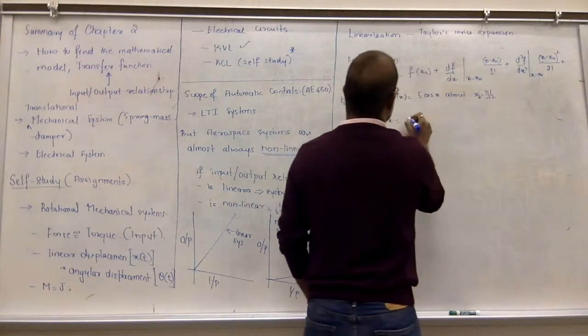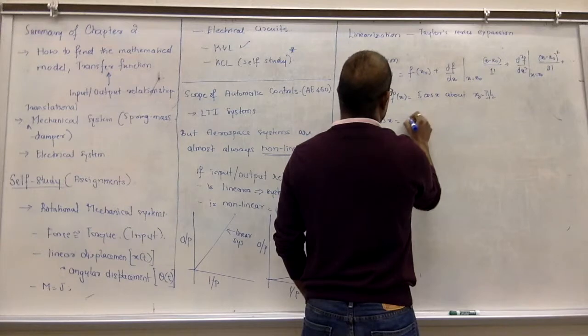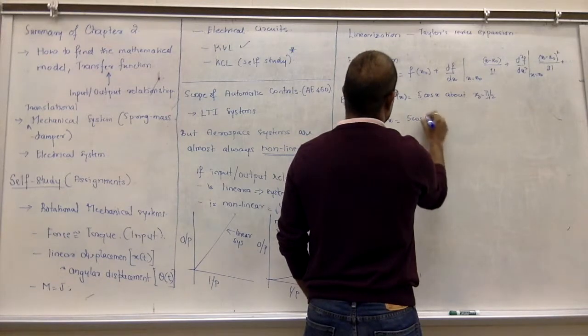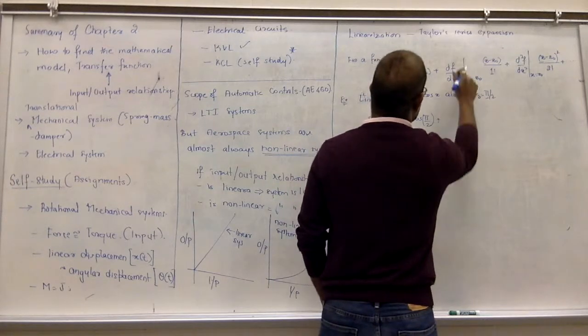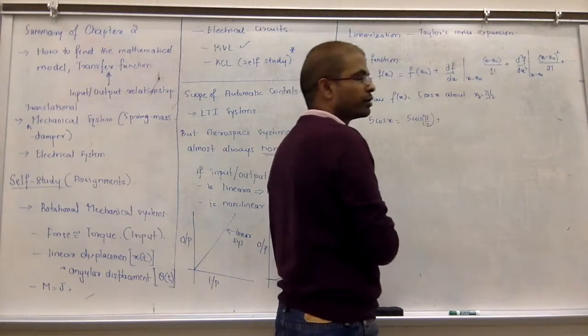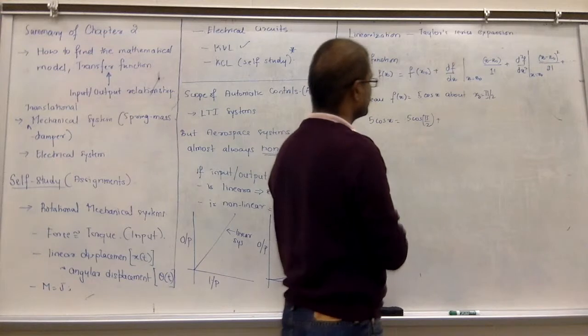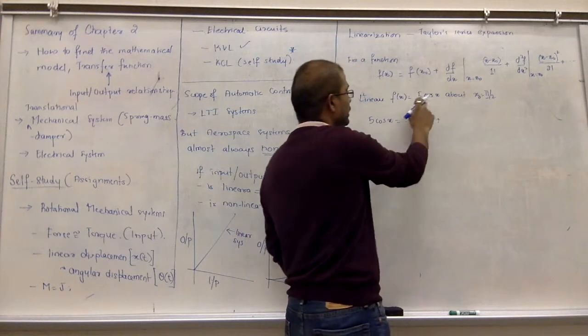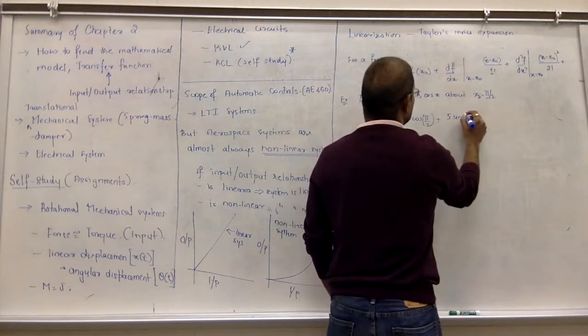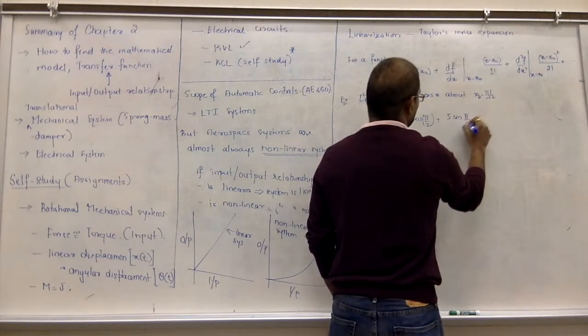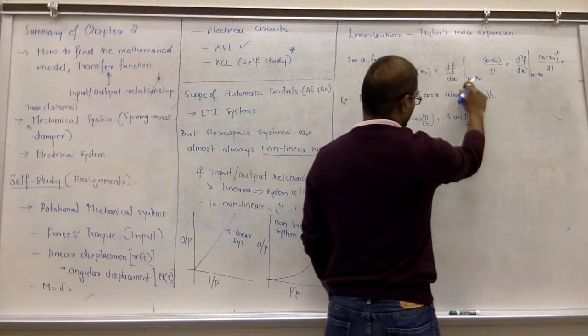This is x naught. We have 5 cosine pi by 2 plus df over dx, which is minus sine, so minus 5 sine of pi by 2. I'm just substituting this as well.